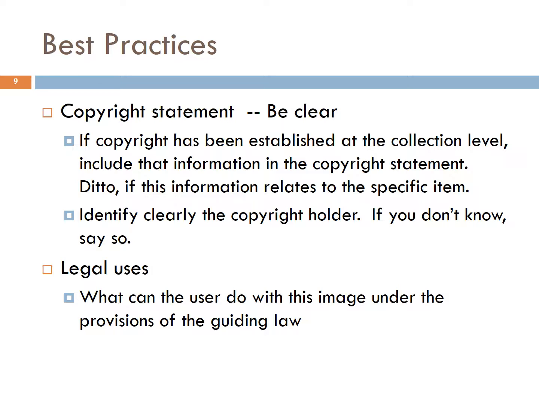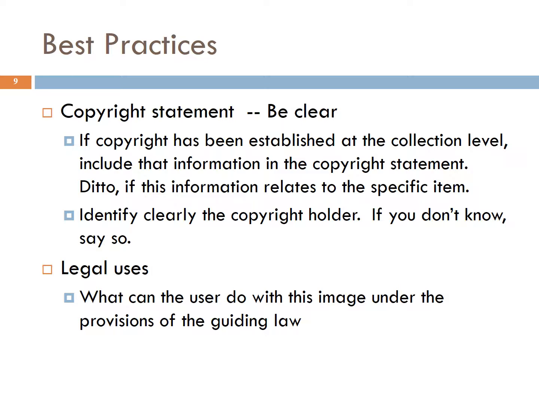The first one is to make sure that the copyright status, if it is still protected under copyright, is clearly stated in the record. And the same is true if it is in the public domain, state that. Sometimes you're going to have items within a collection whose copyright status may be different from other items in the collection. In those situations, you have to be very careful that you're giving the correct information about an image.